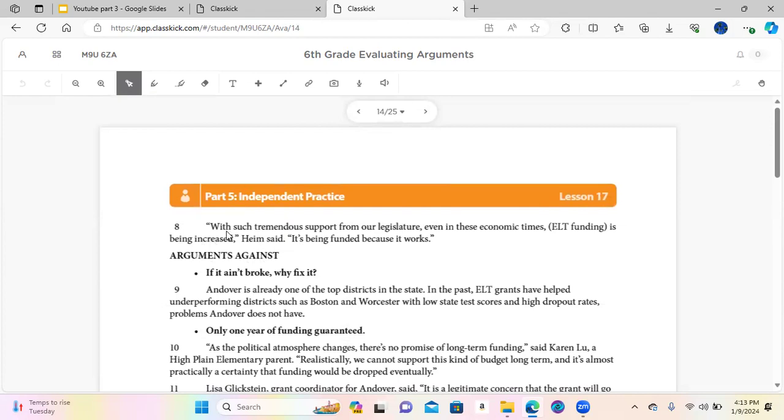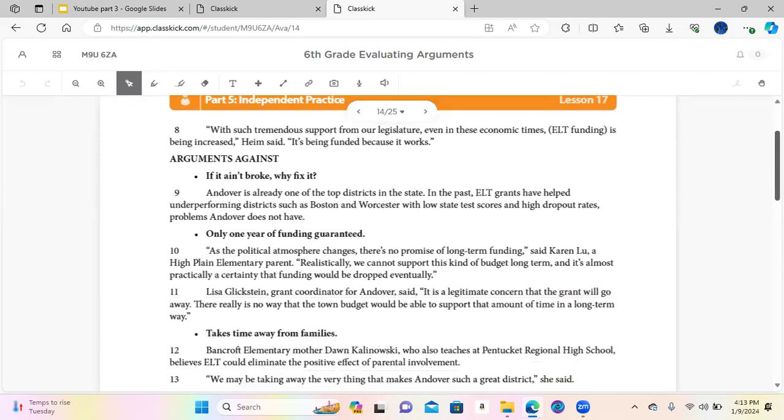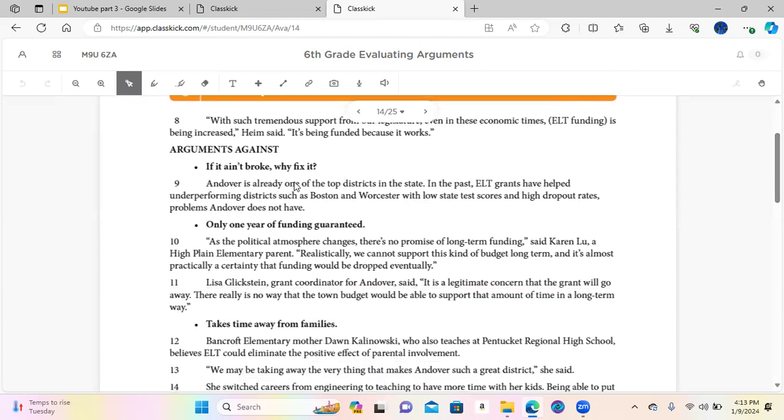the previous section. With such tremendous support from our legislature, even in these economic times, ELT funding is being increased. Himes said, it's been funded because it works. Arguments against. If it ain't broke, why fix it? Andover is already one of the top districts in the state.